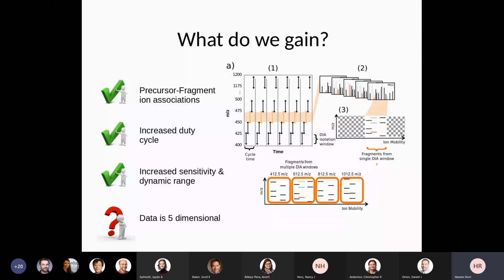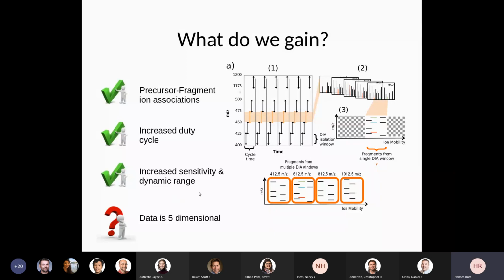The intrascan dynamic range is relatively easy to explain, because if you do not have these black interfering ions that are co-eluting in ion mobility and basically pollute your intrascan dynamic range, you now have a much better chance of actually capturing a good signal of these colored ions here, because they are captured in their own TOF pushes and not co-captured with the other black ions here.